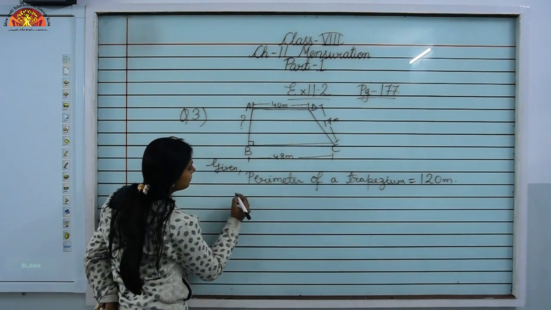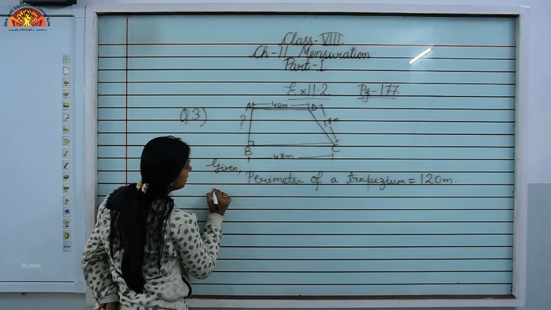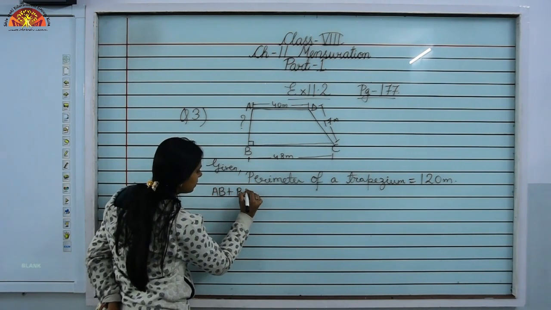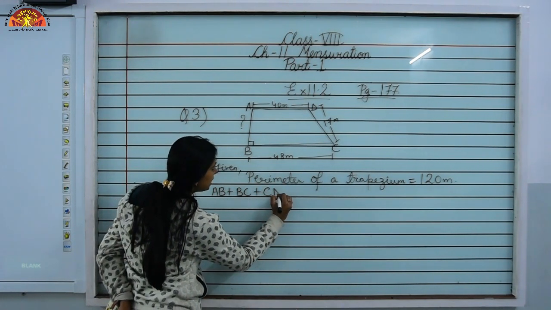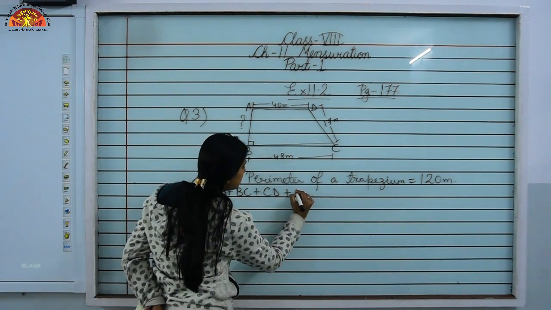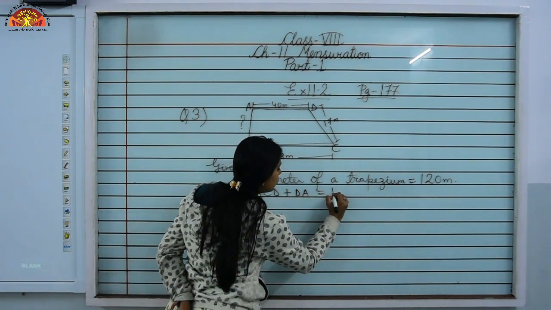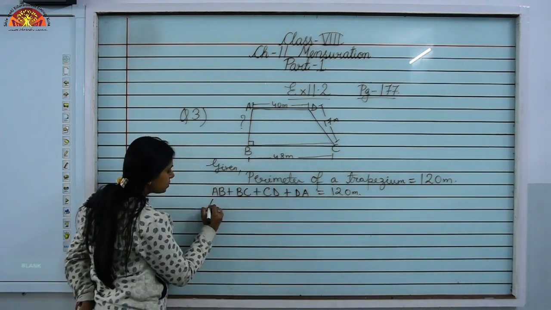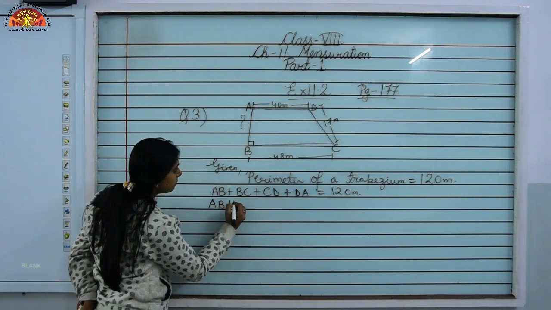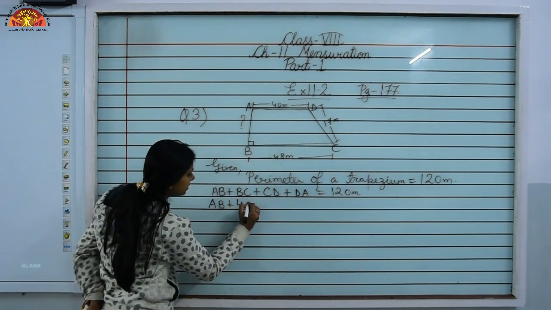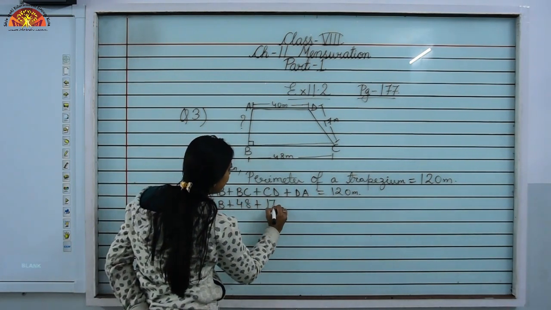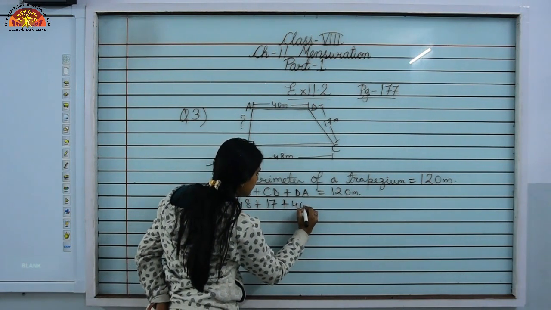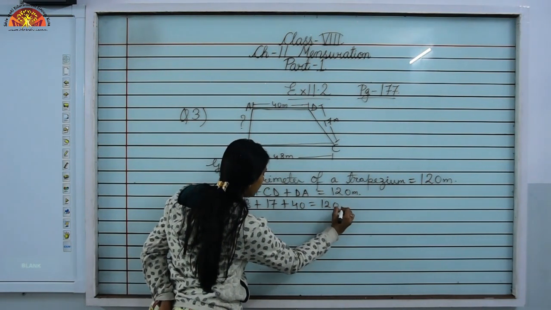So you can write that AB plus BC plus CD plus DA is equal to 120 meter. Now you can just substitute the values. So BC is 48, CD is 17 and DA is 40 meters, which is equal to 120.